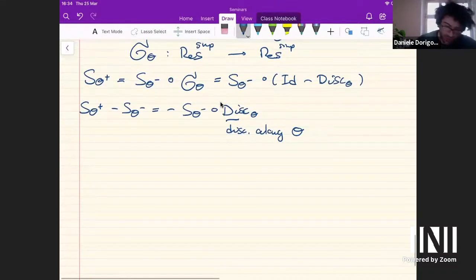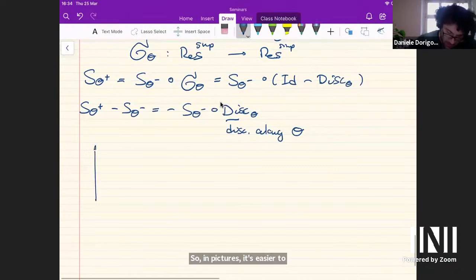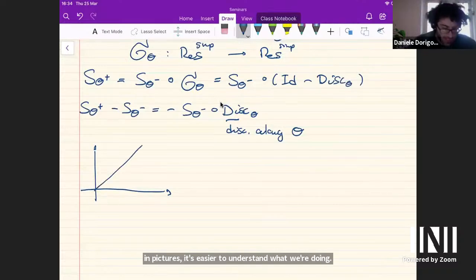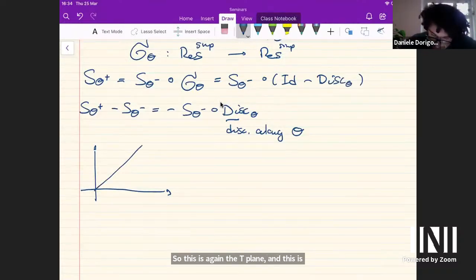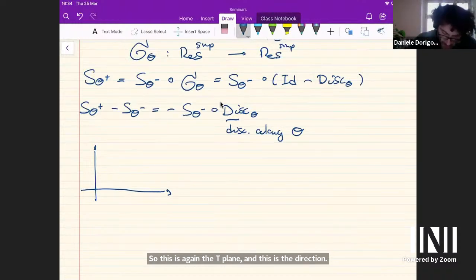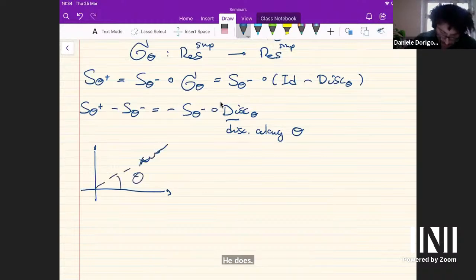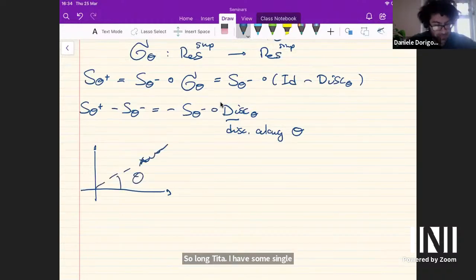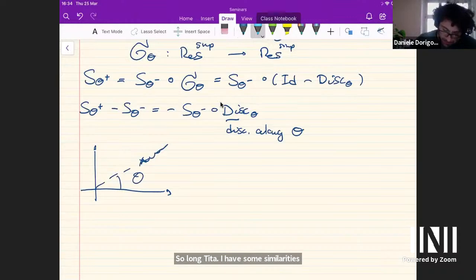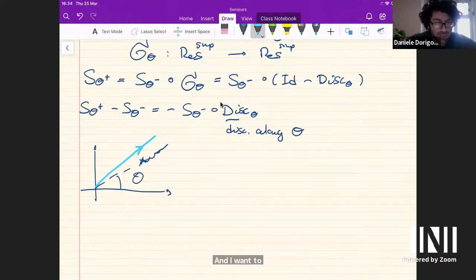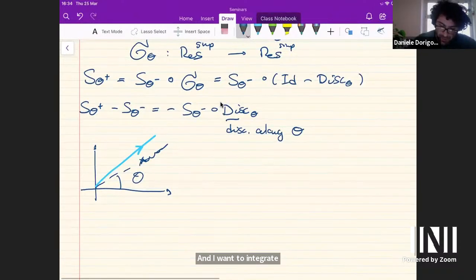So in pictures, it's easier to understand what we're doing. This is again the t-plane, and this is the direction theta. So along theta, I have some singularities. And I want to integrate in this direction, s of theta plus.